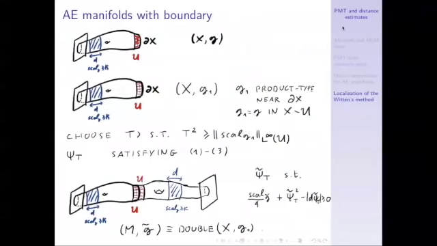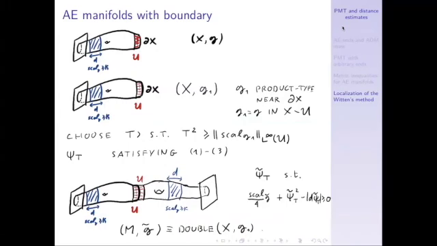We start with our asymptotically Euclidean Riemannian manifold with boundary. Of course, this is your neighborhood U, and near the boundary, the metric is arbitrary. Now we change the metric near the boundary, and we make it a product.